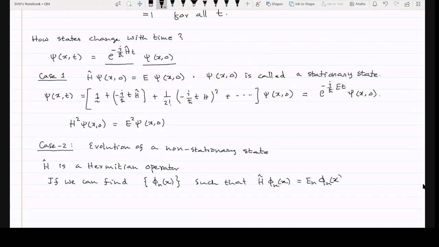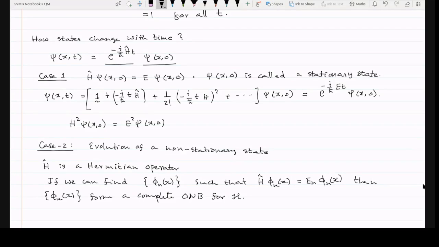Suppose we are able to find these eigenstates of the Hamiltonian, then we are sure that these phi n of x form a complete orthonormal basis for the state space.